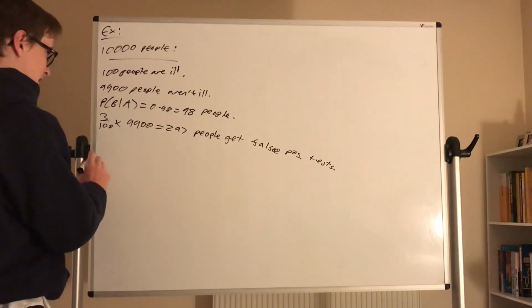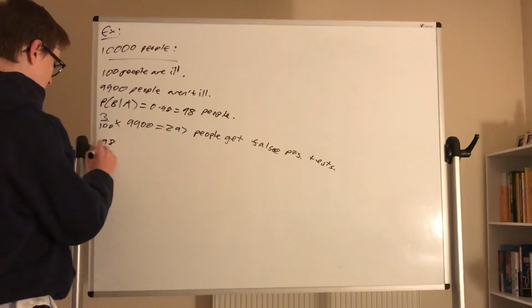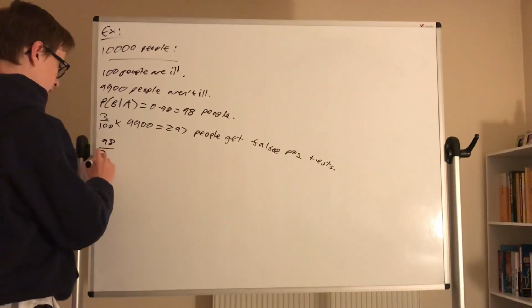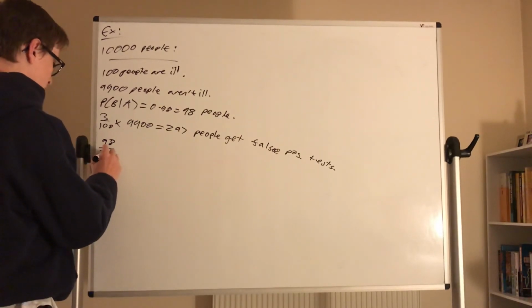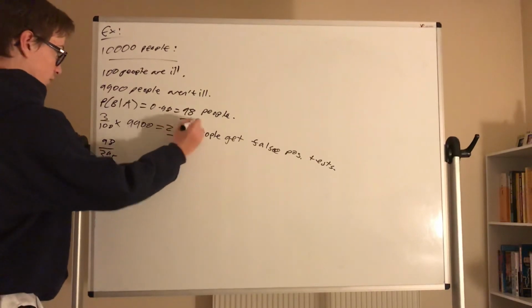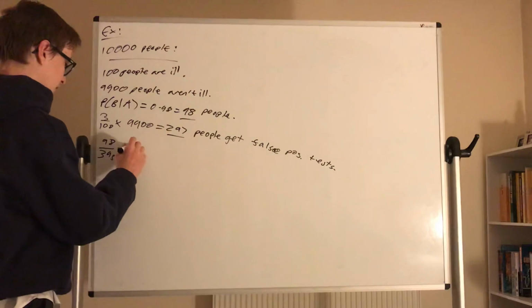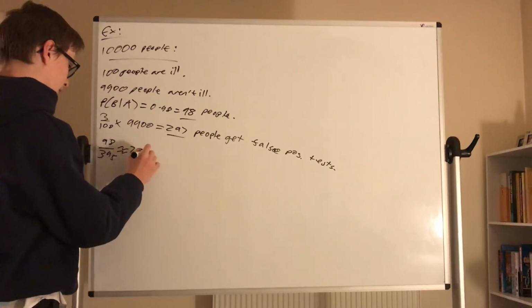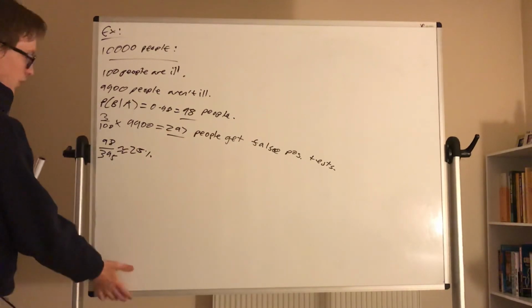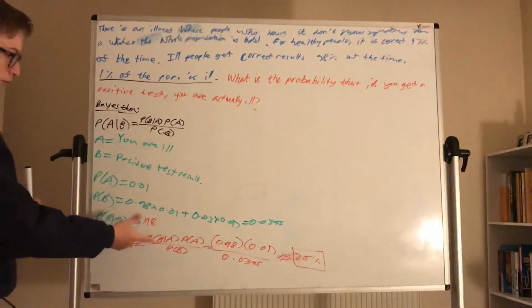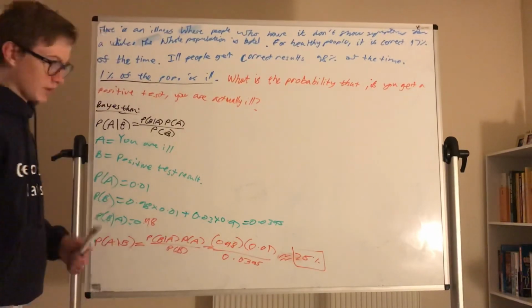That's clearly going to be 98 over 395, because that's this plus this. And this actually turns out to be exactly the same, approximately 25%.